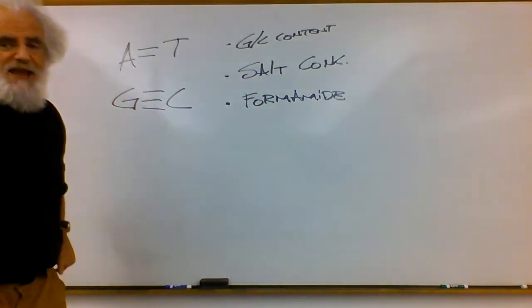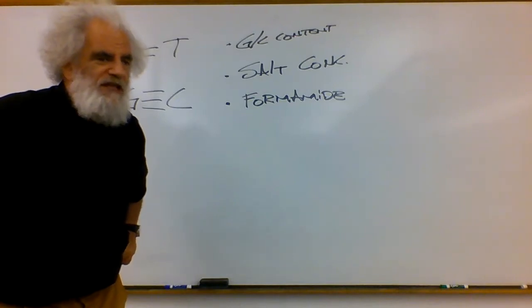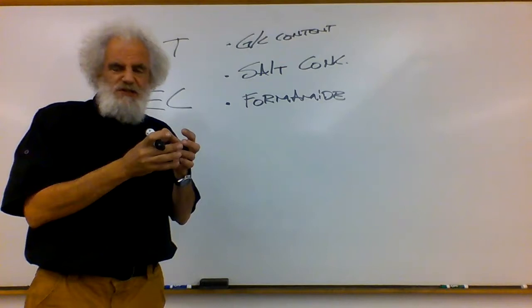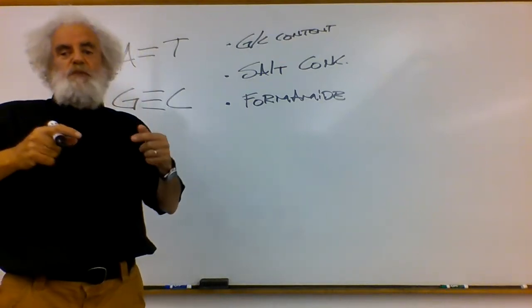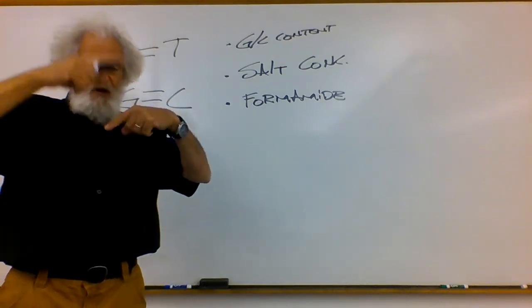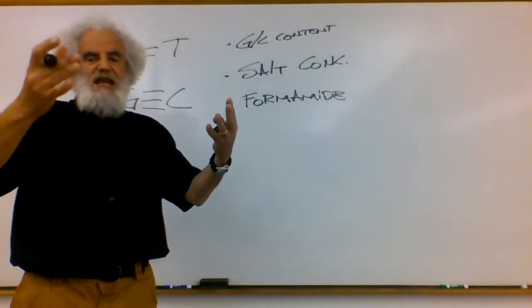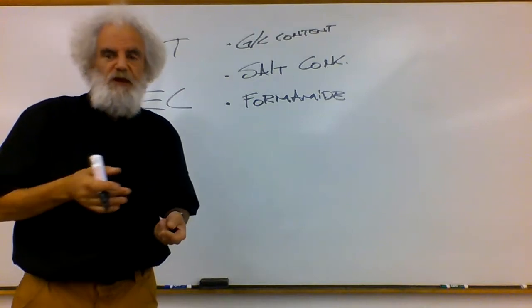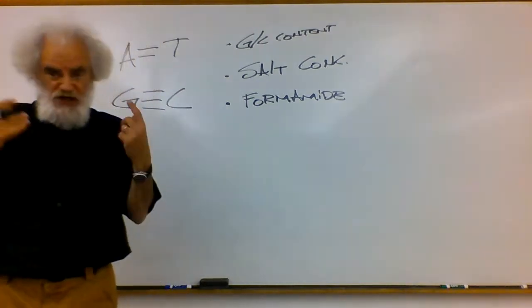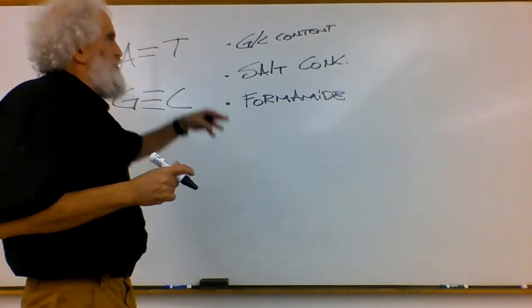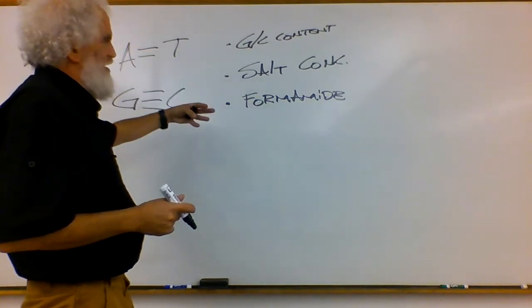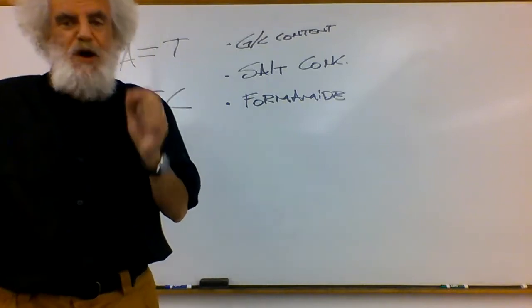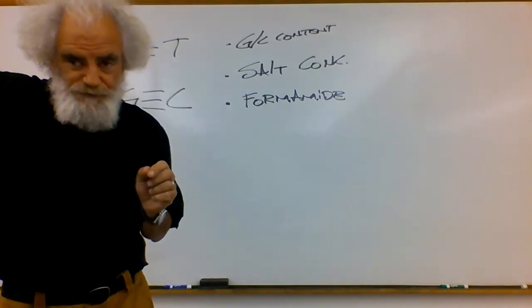Formamide is able to destabilize the DNA interactions and make it so a DNA sequence that would normally have a TM, say, of 80, now might have a TM of 42. And you're going to say, why is that important? It's because of the way we do an experiment, and I'll tell you. So these are some of the things that you figure into your calculation of what the melting temperature is going to be, the melting point.